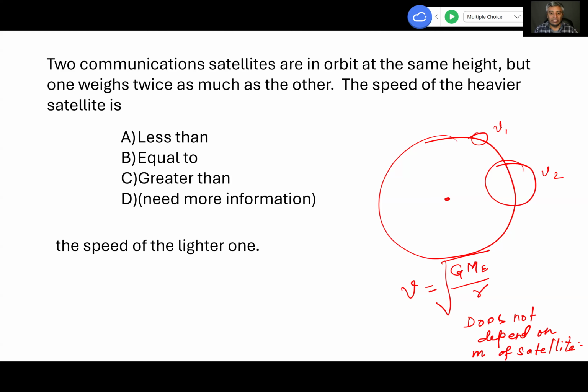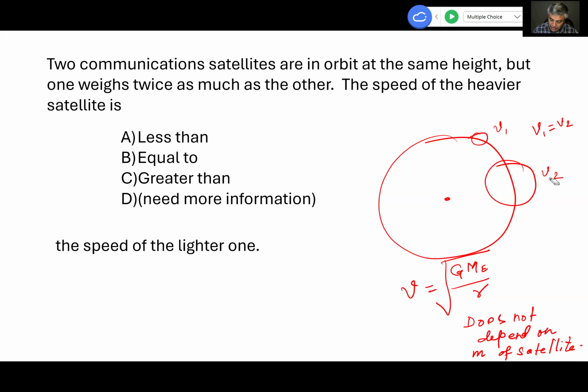Weight depends on mass: larger mass, larger weight; same mass, same weight. Since speed does not depend on the mass of the satellite, their speeds V1 and V2 are going to be equal no matter whether they are larger or smaller, okay? So that's why B is the correct answer.